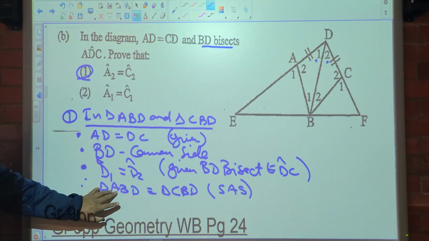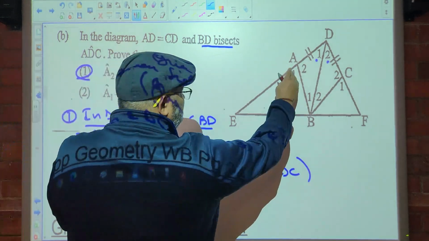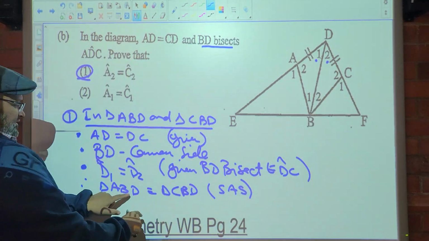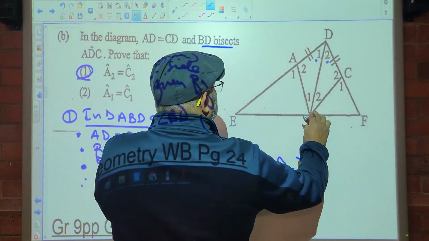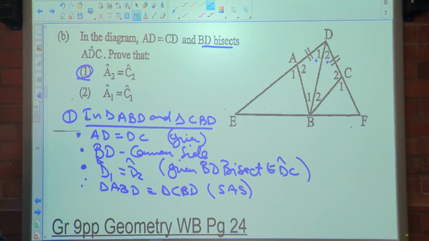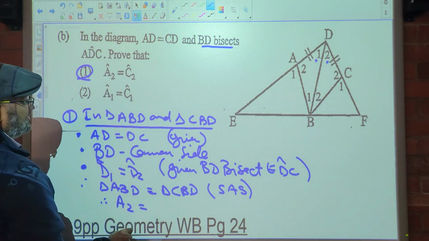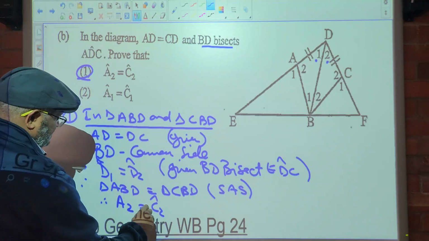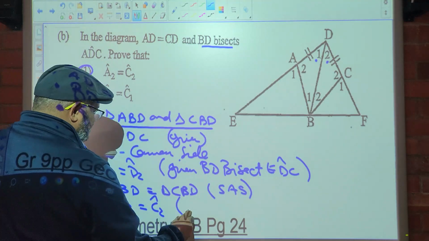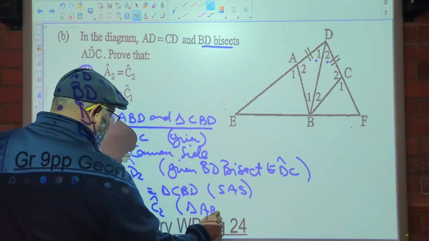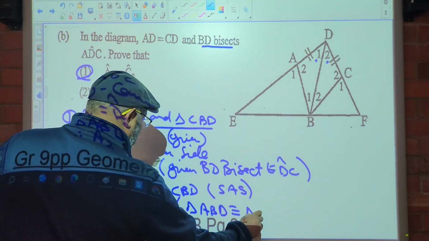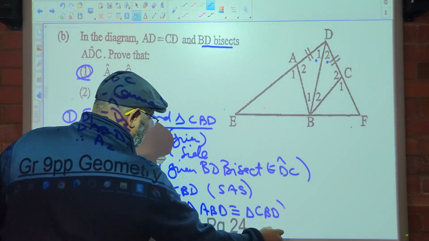Also, the length of AB is equal to the length of BC, and BD is a common side. You understand? So now I can conclude, therefore, angle A2 is equal to angle C2. Why? Because triangle ABD is congruent to triangle CBD.